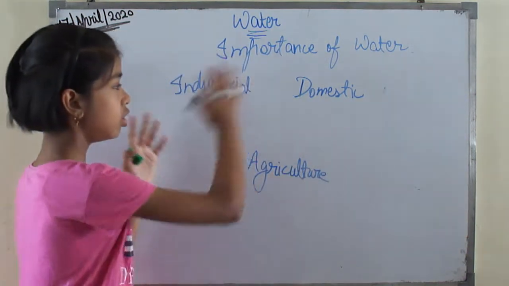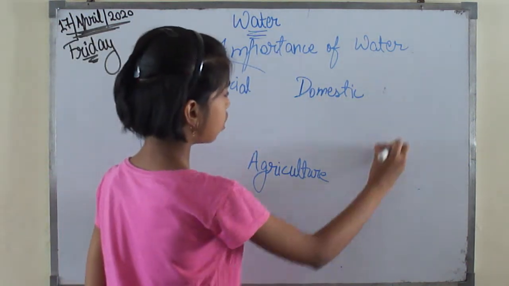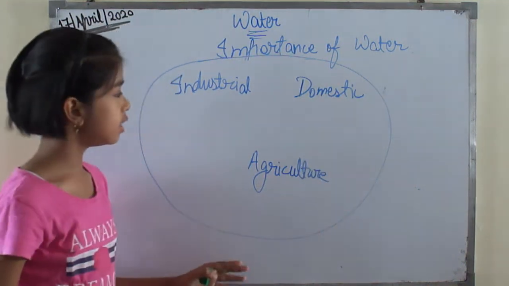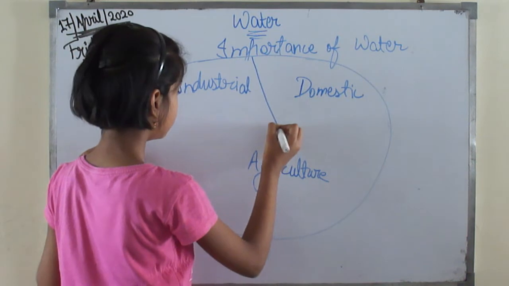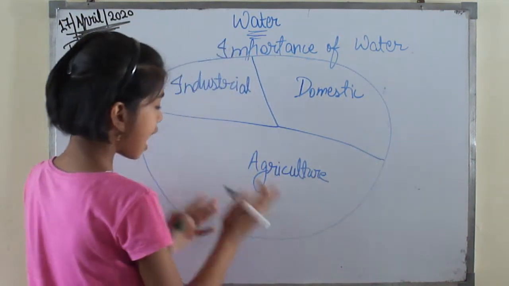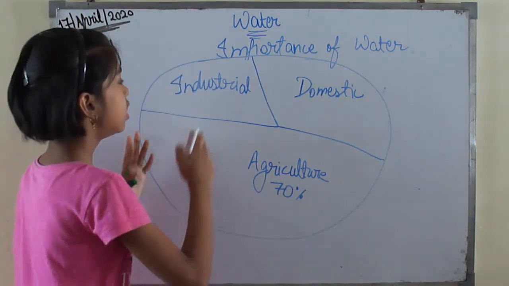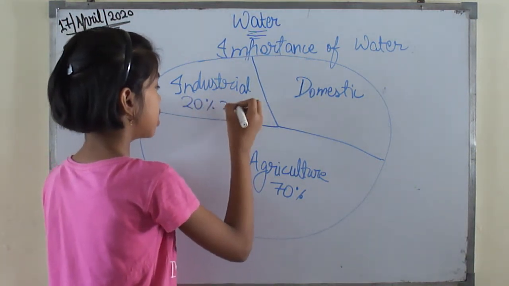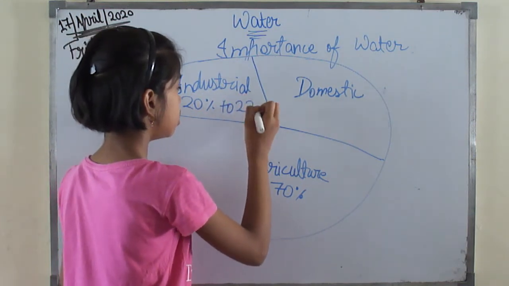So if I will look at this and compare this, take that this is the circle of water, the total uses of water, and then if I will divide this out for you, it will look like this. Agriculture uses 70% of water, then industries use 20% to 22% of water.